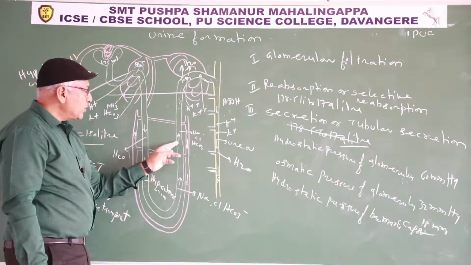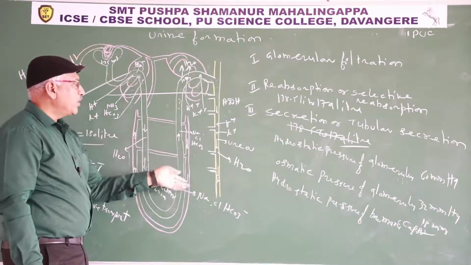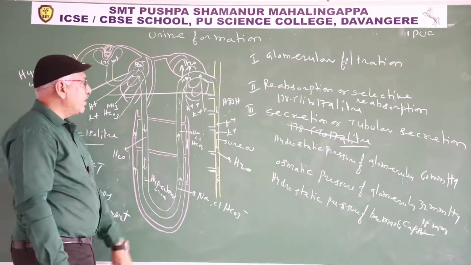While primary urine is passing through the distal part of ascending limb, the same electrolytes are reabsorbed actively after utilization of energy.